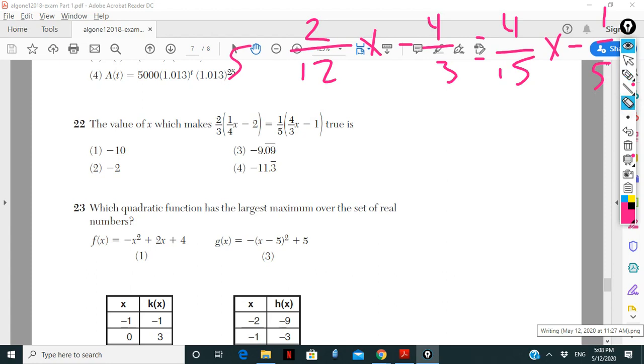Okay, now I'm going to multiply the whole equation by what's common between 12 and 15. So 12 is 3 times 2 times 2, and 15 is 3 times 5. So the 60. I'm multiplying the whole equation by 60.